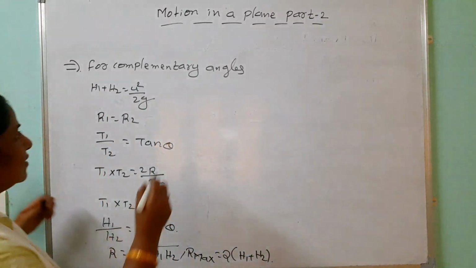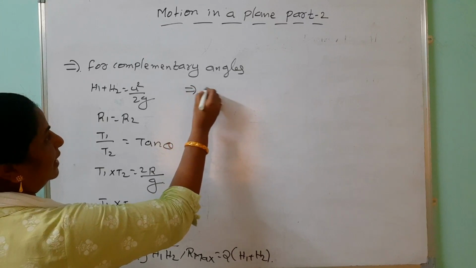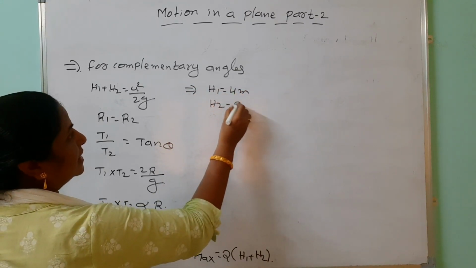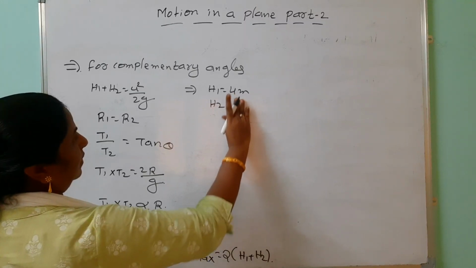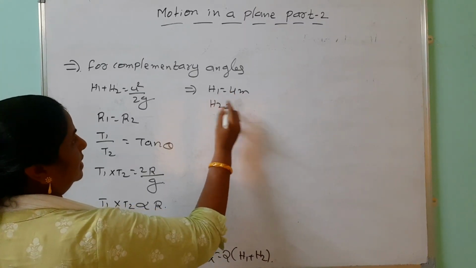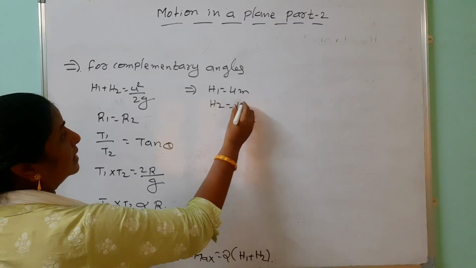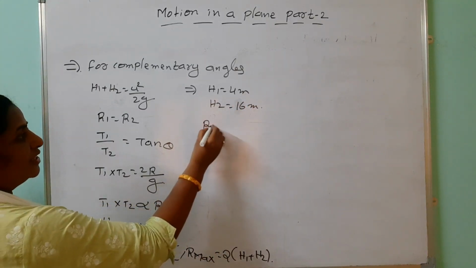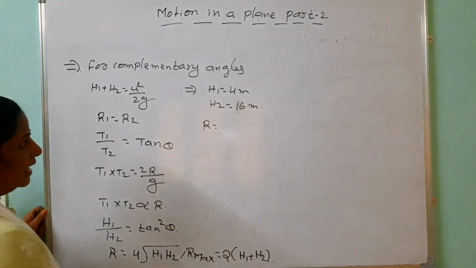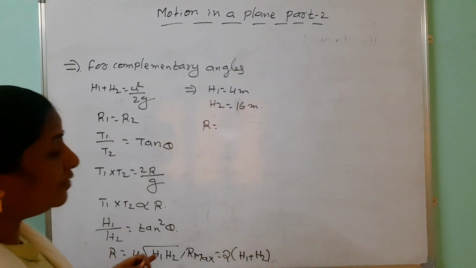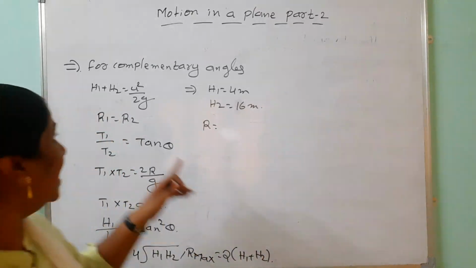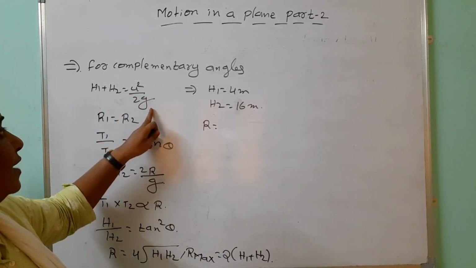What is the use of this? Look here. If you know that for complementary angles, H1 is 4 meters and H2 is 60 meters, then what is the range? We know for complementary angles h1 plus h2 is u square by 2g.